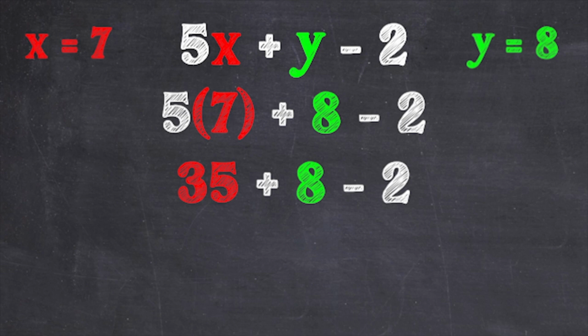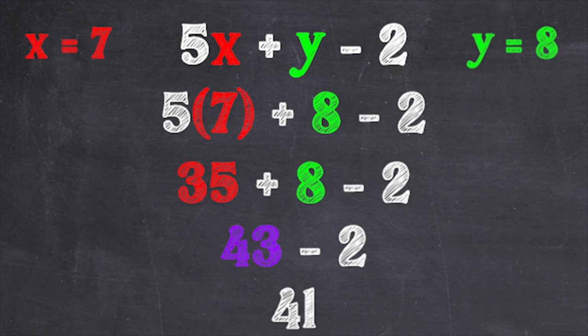Adding 35 and 8 gives us 43. Subtracting 2 from 43 gives us 41. So our final answer is 41. Therefore, the value of the expression 5x plus y minus 2 when x equals 7 and y equals 8 is 41.